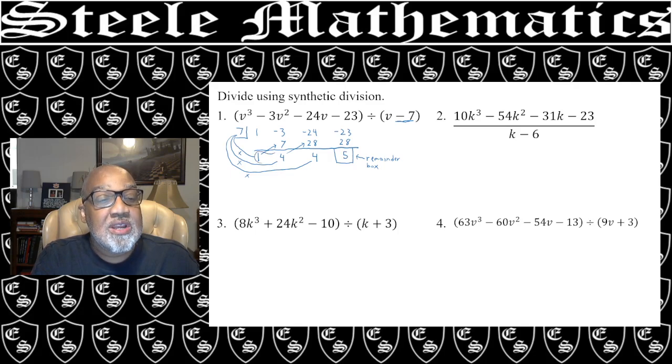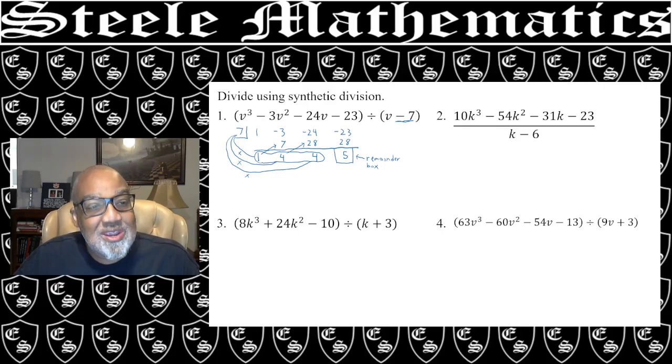These three numbers right here represent the coefficients of your quotient. So here's how you write it. In your dividend, the highest power of v is 3. So therefore, you're going to start one power lower, meaning you're going to start with v to the second.